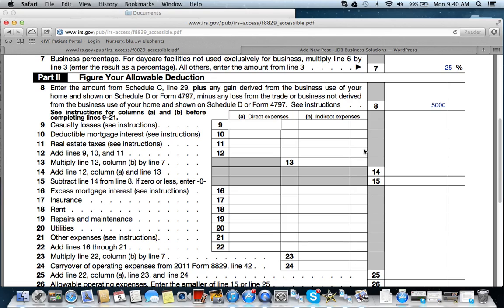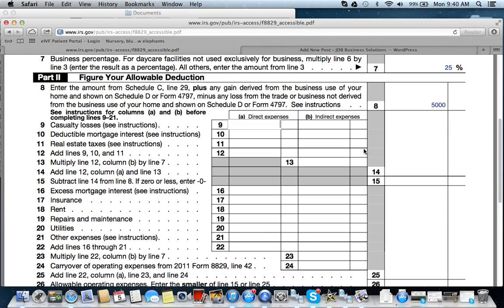So if you had to do a repair directly to your office, if you had to drywall your office, that'd be a direct expense. An indirect expense is something that was applied to the entire house, and you're only going to be allowed to use the portion of your office. So in this case, 25% of that cost. So if you had to put a new roof on the entire house, you can write off 25% of that as a home office expense, because 25% of the house is your office.